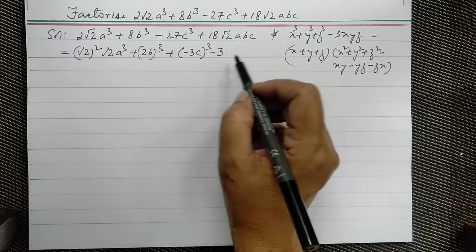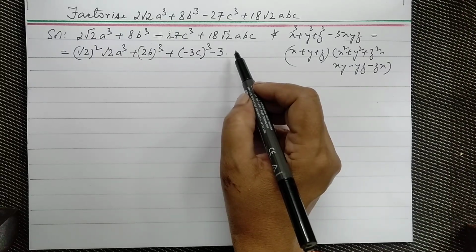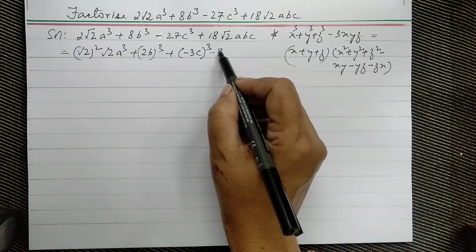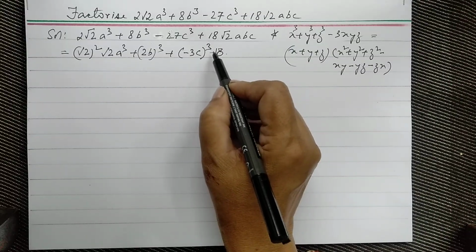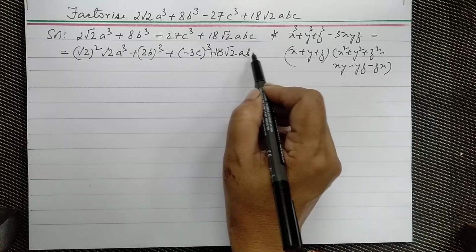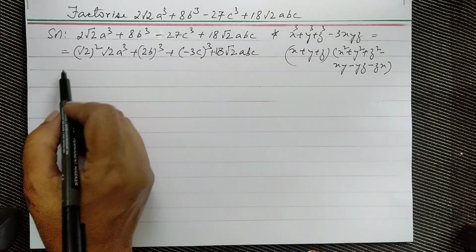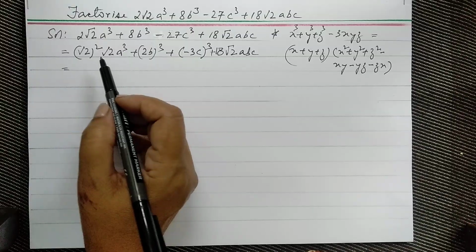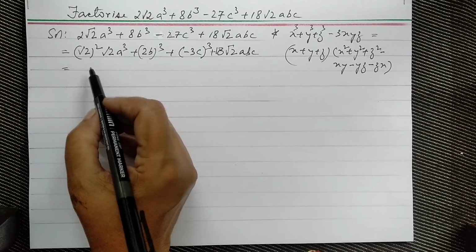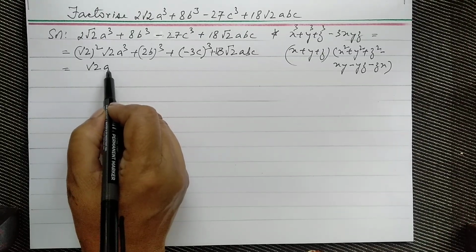Since I am getting into this thing in detail, I would like to leave this the way it is. Alright, let it be plus 18 root 2 ABC. So here I am going to explain: root 2 to the power 2 and root 2 to the power 1 ends up being root 2, and we have an a also.